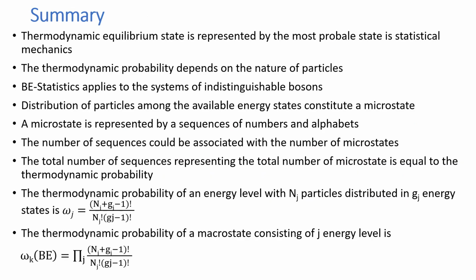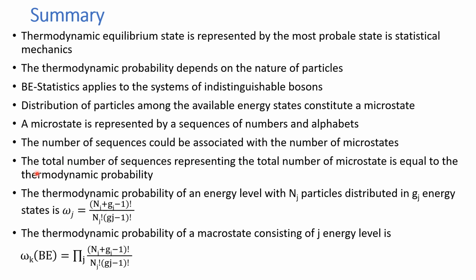If I summarize today's presentation, the thermodynamic equilibrium state is represented by the most probable state in statistical mechanics. The thermodynamic probability depends on the nature of the particle. Bose-Einstein statistics applies to a system of indistinguishable bosons, and the distribution of particles among the available energy states constitutes a microstate. A microstate is represented by a sequence of numbers or alphabets, and the number of sequences can be associated with the number of microstates.